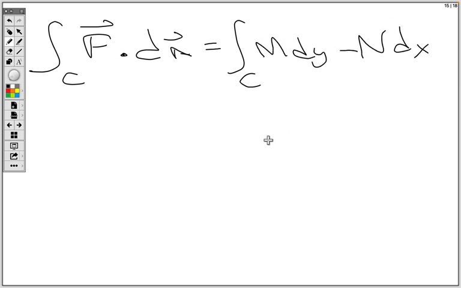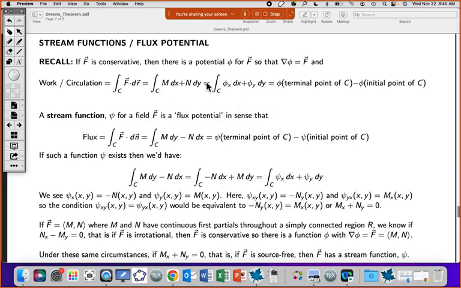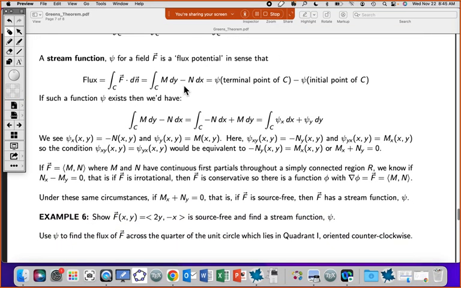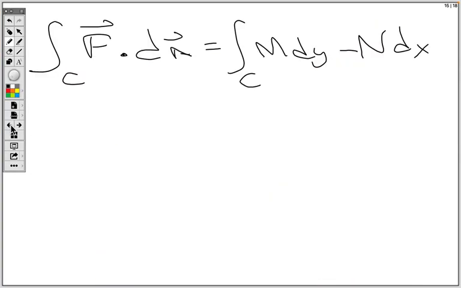Okay, so that goes back to the r of t. So what we want is to come up with a function. We're going to call it psi. And here's what we want. We want this to work out to be the change in psi.